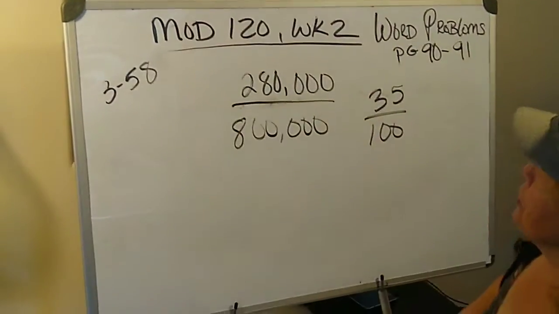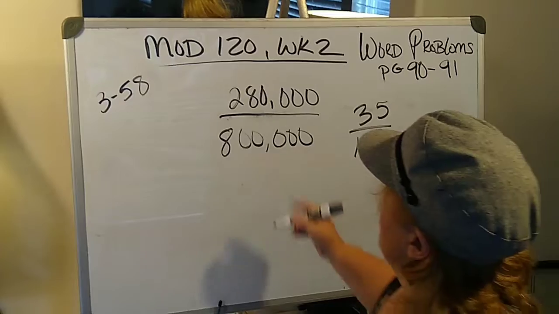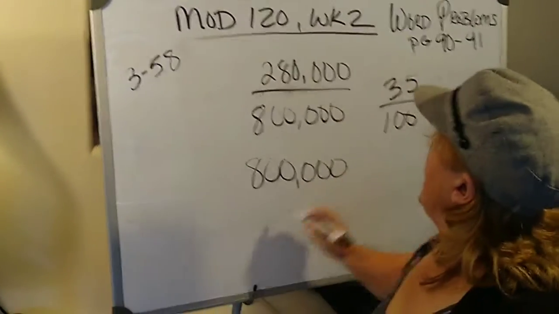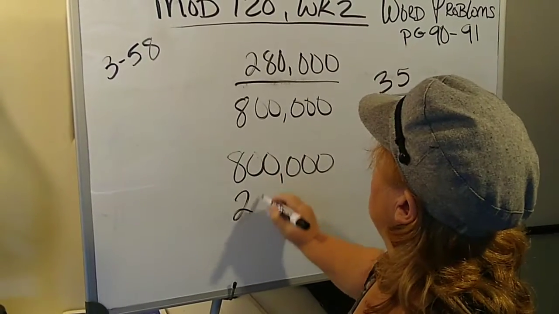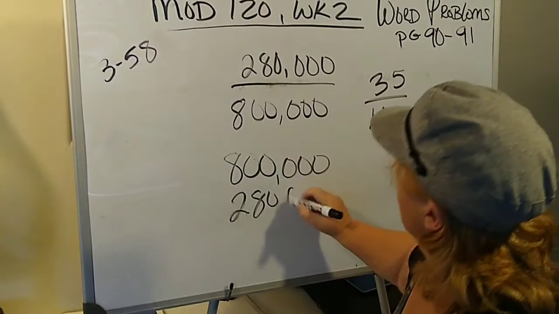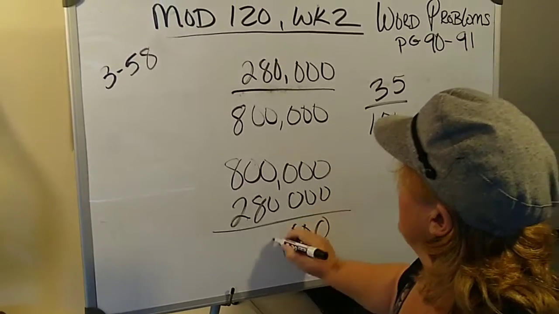Sounds about right. So the question is, how many people are going to be coming? So now what do we need to do? We need to take that 800,000 and add 280,000. Of course, you could just take off those zeros, add it, and then add them back. But we'll just go ahead and add them.